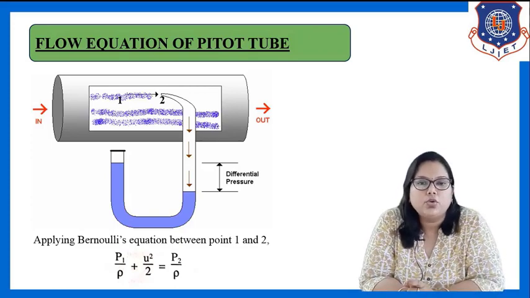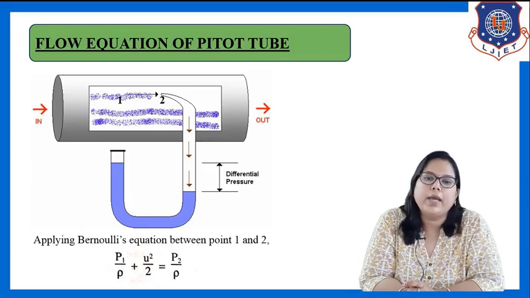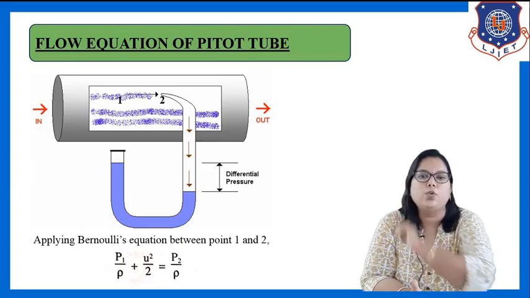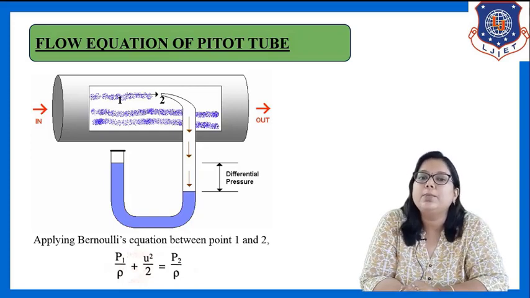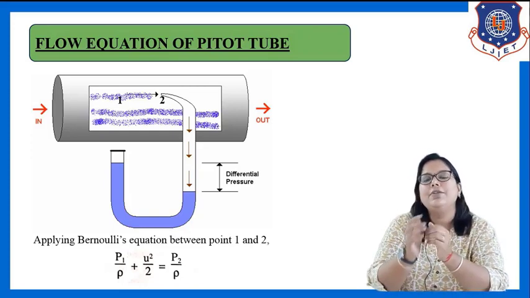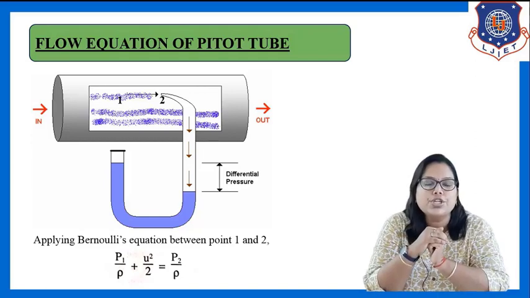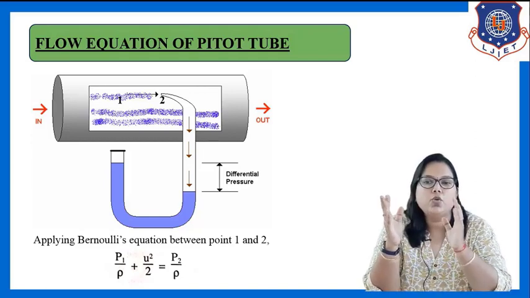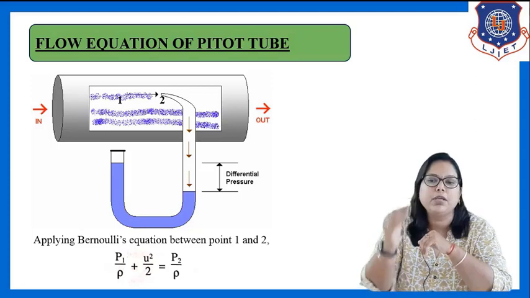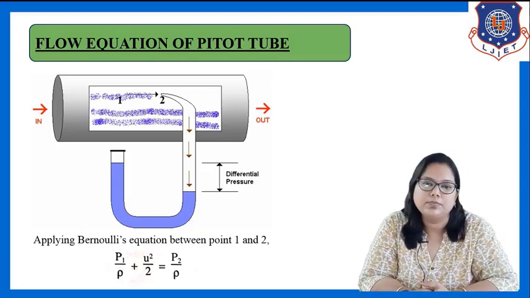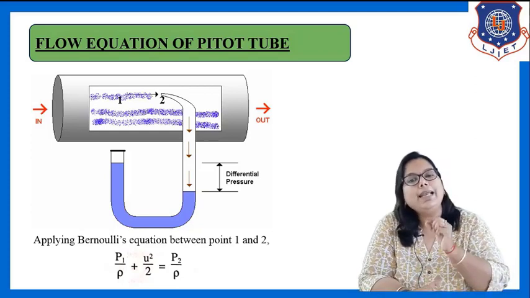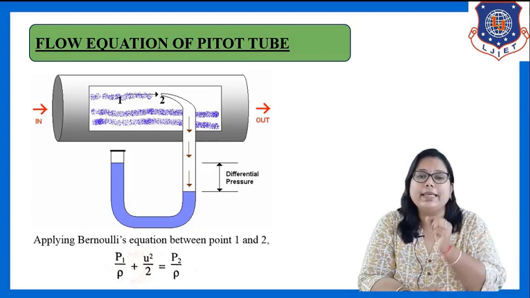Because at point 2, the velocity is very less as compared to point 1. And that's why we are neglecting the velocity term at point 2. And we have written this Bernoulli's equation at station 1 and 2 like this: P1 by rho plus U square by 2 is equal to P2 by rho. Writing Bernoulli's equation is very important.